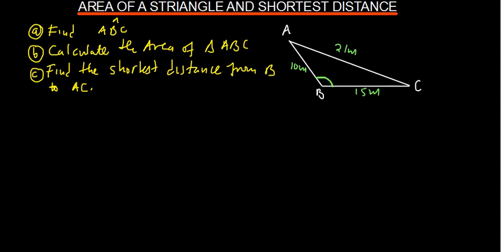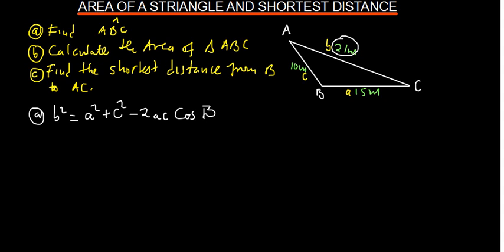Cosine rule. Since I want to find the angle B, remember this is small b, this is small a, this is small c. So I'm going to start with the side b. The cosine rule says b squared is equal to a squared plus c squared minus 2ac cosine B. You use capital B because that's the angle, and small b is the side.